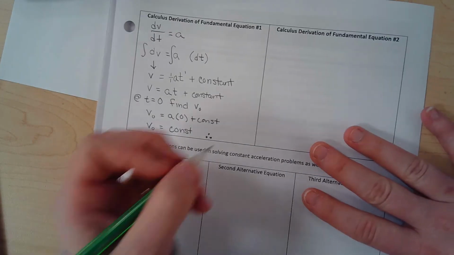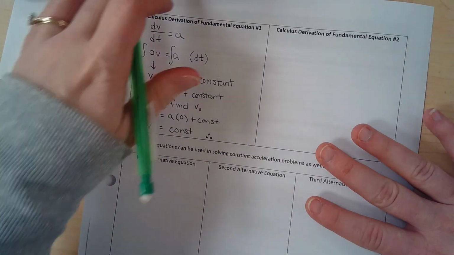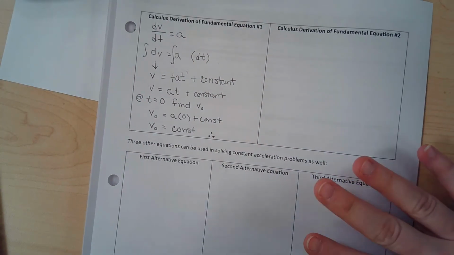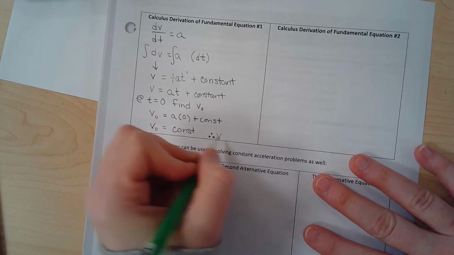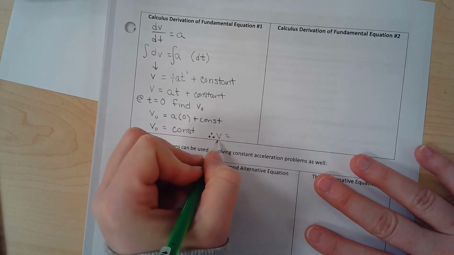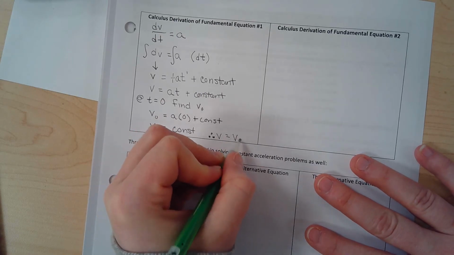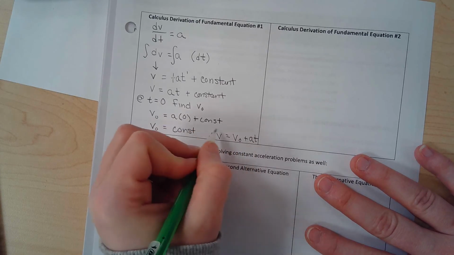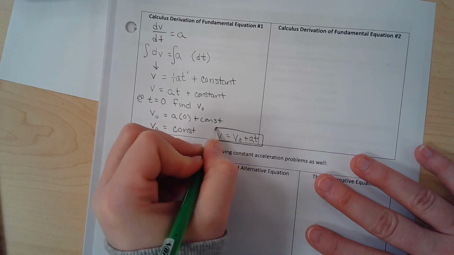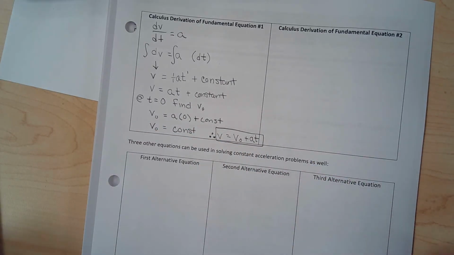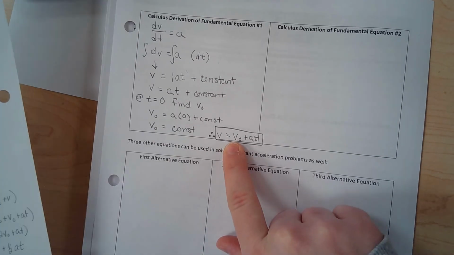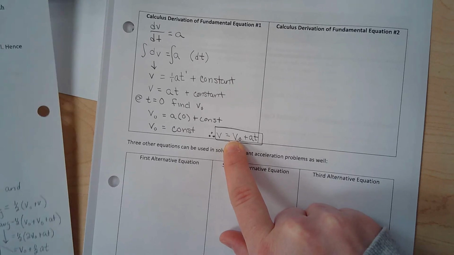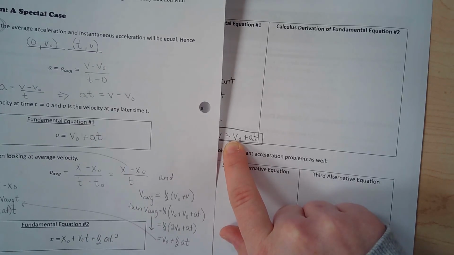Therefore, my ending velocity is VO plus AT. Now, is it important that you know how to derive that? Well, a little bit. You might want to make sure you look it over and understand the steps. But the most important part is that you understand this equation right here, which we did find on the previous page.